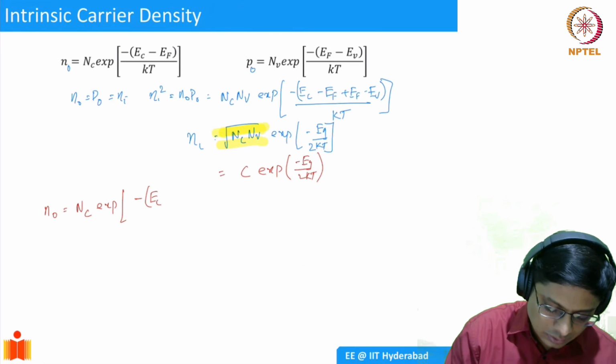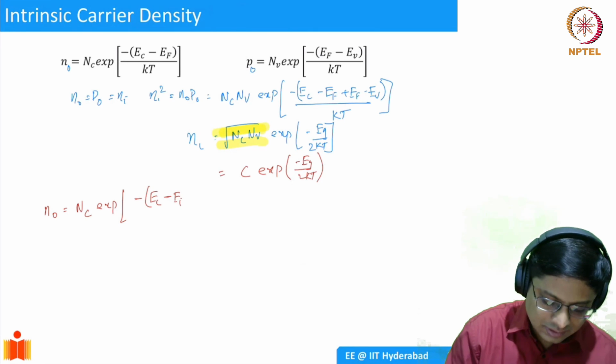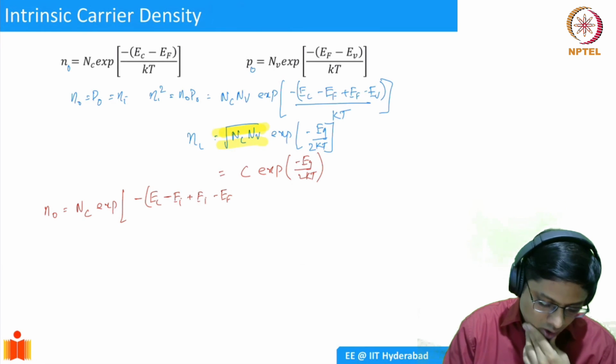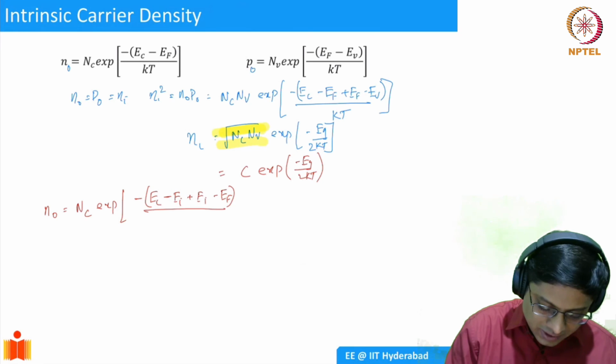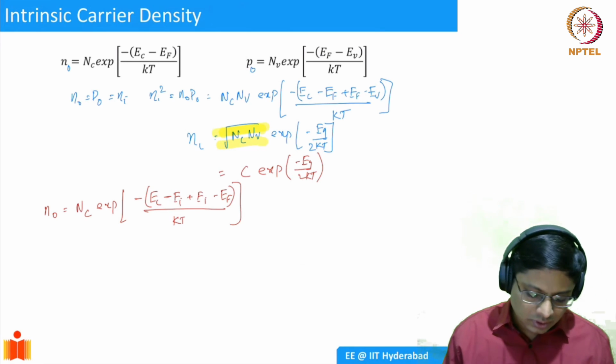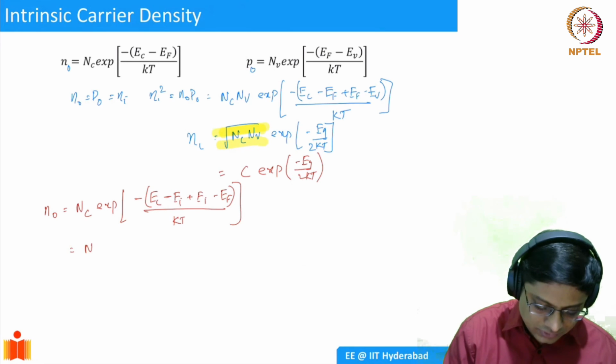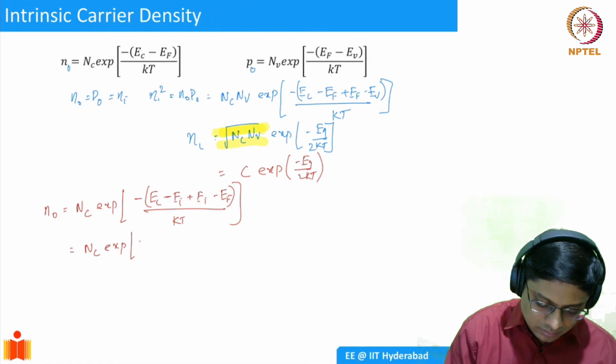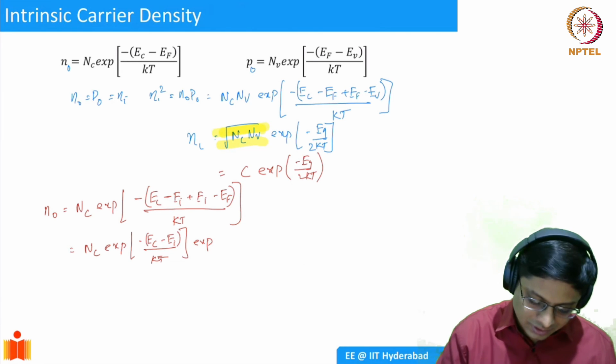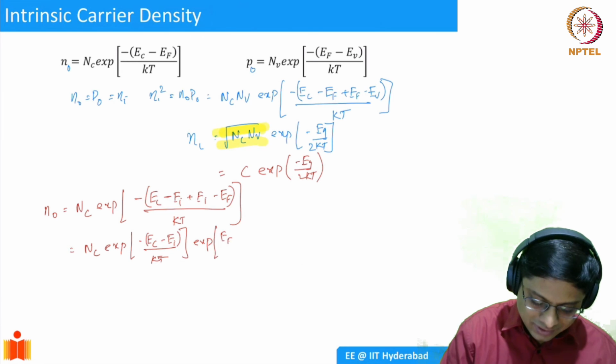So minus Ec minus Ei plus Ei minus Ef, divided by Kt. So this will turn out to be Nc exponential minus Ec minus Ei by Kt, times exponential, and let me take the minus into the terms for convenience, Ef minus Ei by Kt.